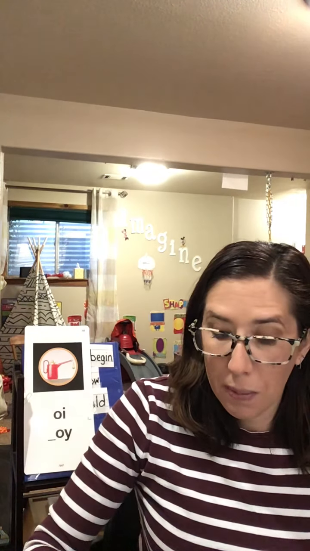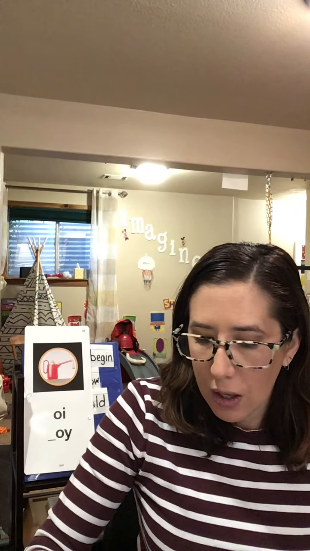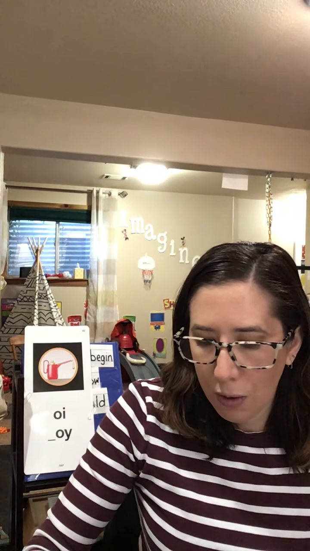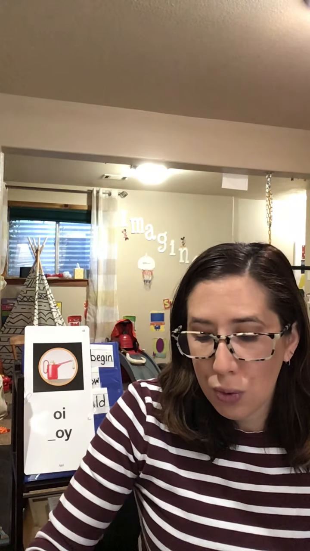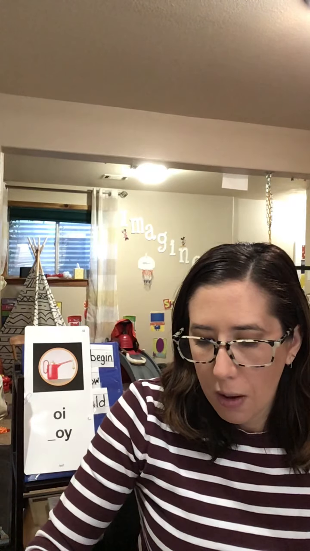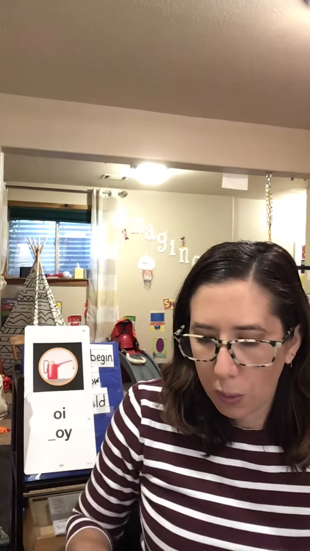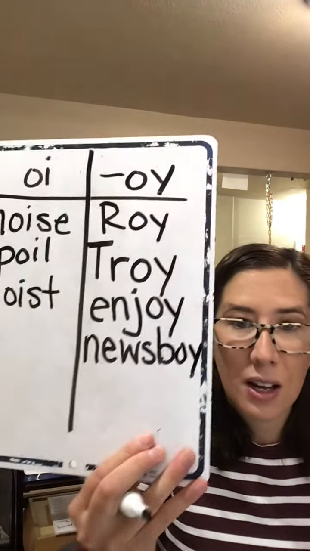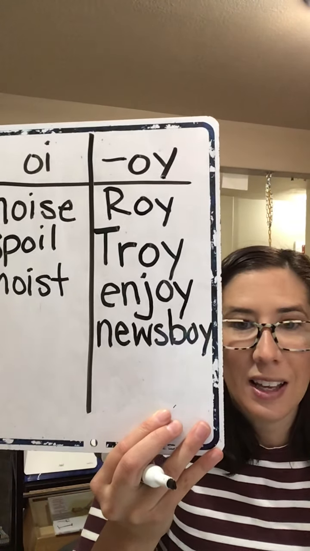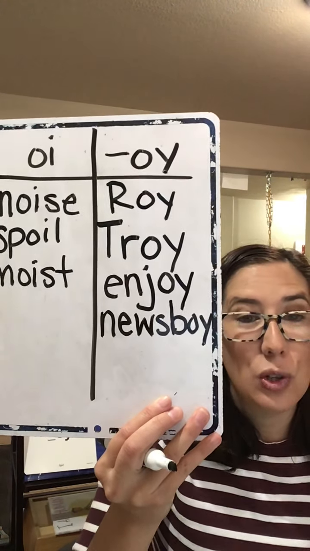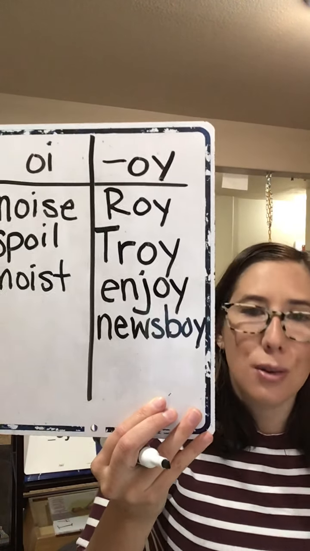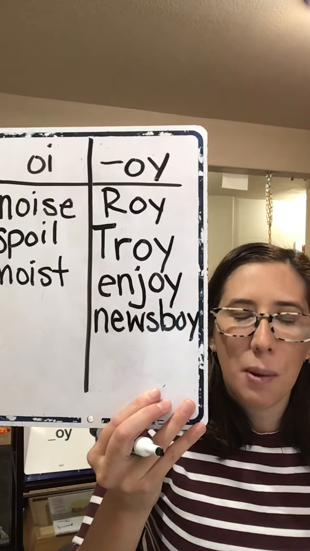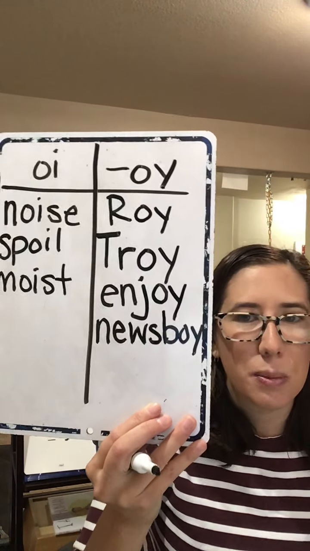And remember that spelling pattern for oo, not o-o like boo. News, boy. Ooh, that one was a tricky one. N-E-W-S, news, B-O-Y, boy, newsboy. Compound word with two syllables.